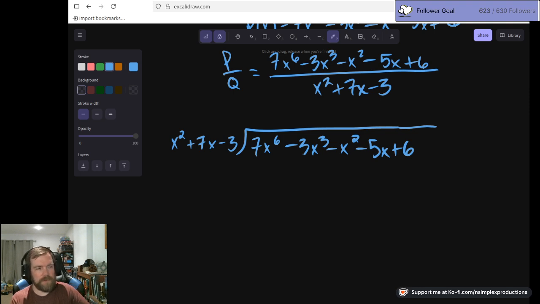The definition of division, right? How many times can we subtract off the divisor on the outside from the dividend on the inside? Our dividend is the large 6th degree polynomial p, and our divisor is the small 2nd degree polynomial q.